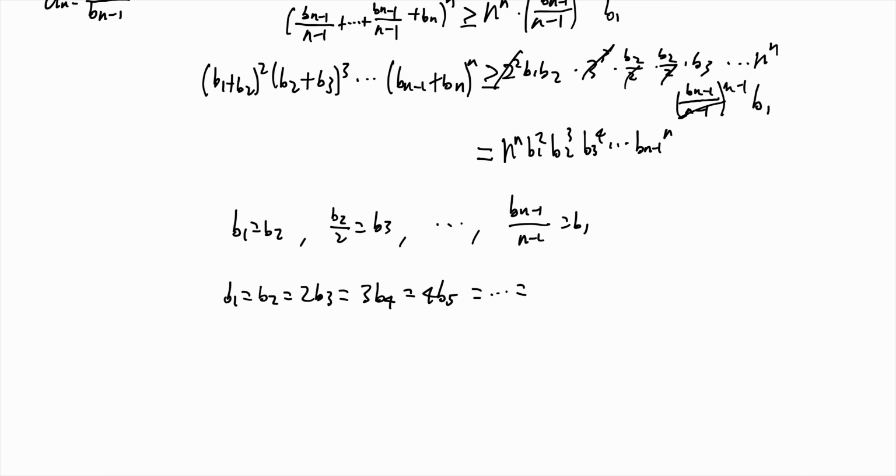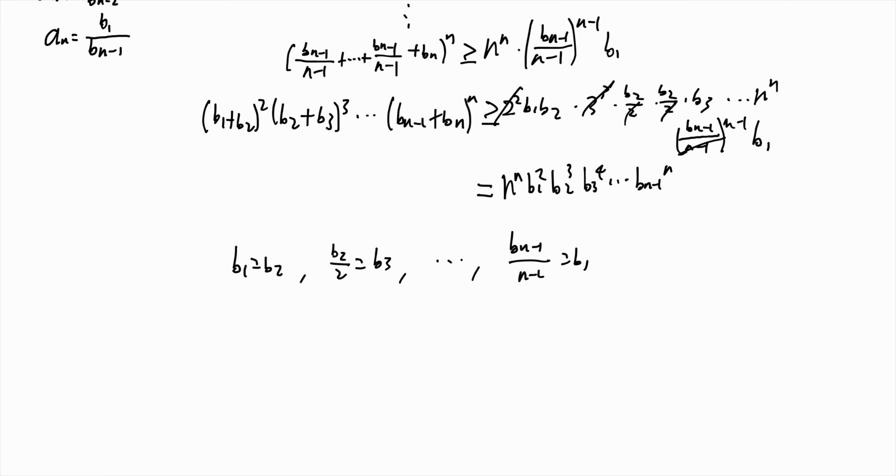Oh sorry. So now I'll just write them one more time. Okay. b sub 1 equals b sub 2 equals 2 times b sub 3, b sub 3 equals 3 times b sub 4, b sub n minus 1 equals n minus 1 times b sub 1.